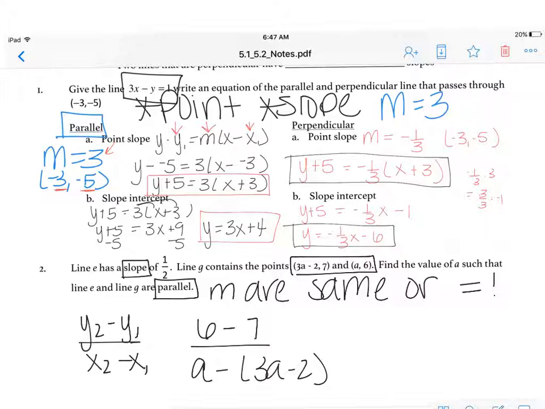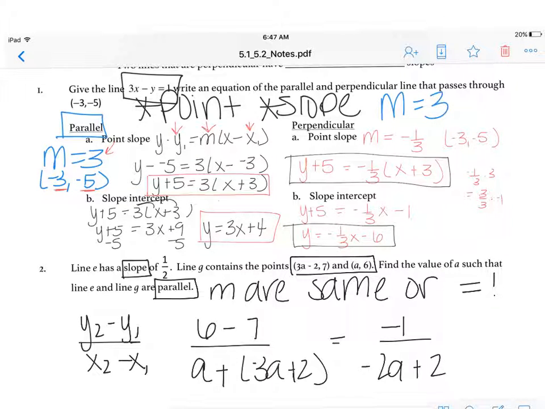So I'm just going to go ahead and simplify this. It's going to be -1 over a minus 3a, which is -2a, and then when you distribute the negative here, plus 2. So this is the slope of G.